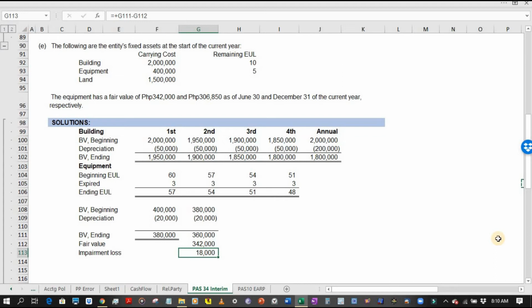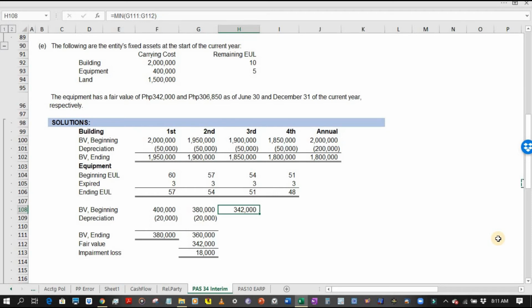And these are the amounts that will appear in the income statement for the second quarter. And in the statement of financial position as of the end of the second quarter, the carrying value of the equipment will now be 342,000 pesos, which is the lower amount between 360,000 and 342,000 pesos. So when we start the third quarter, the beginning book value will no longer be 360,000 pesos. It will now be 342,000 pesos, which is the fair value at the end of the second quarter.